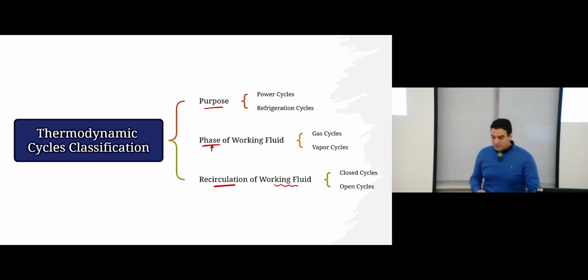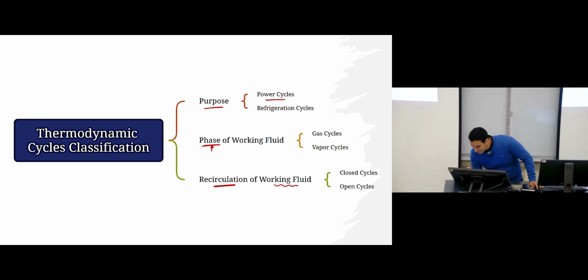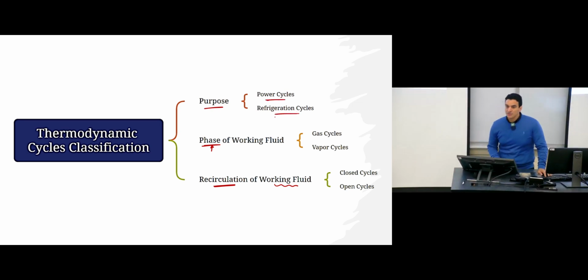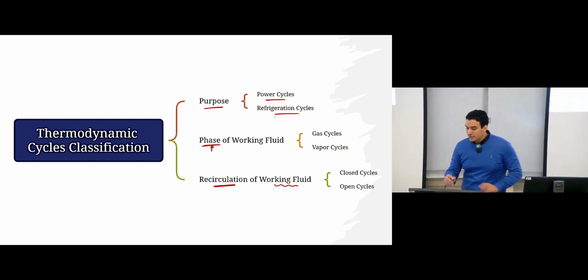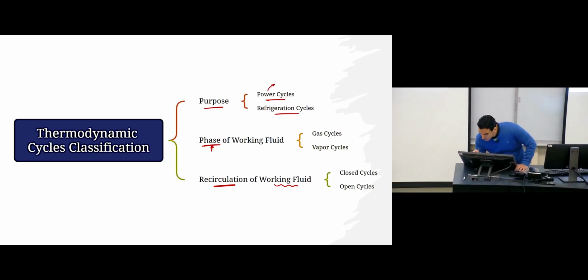For the first one, if we classify the cycles based on the purpose, we have 2 types: power cycles and refrigeration cycles. Power cycles, as you can know from the name, the whole idea is to generate power, to produce work.